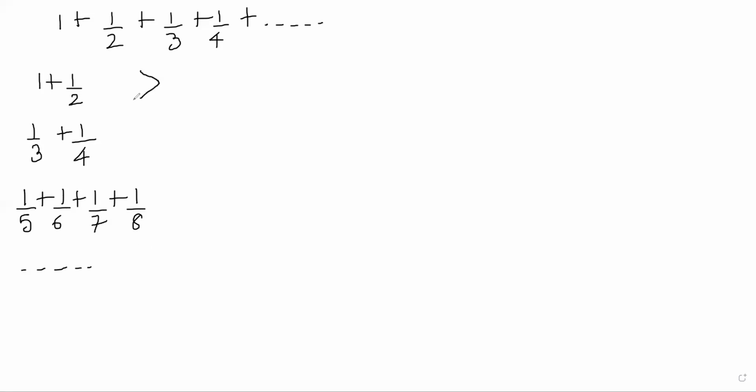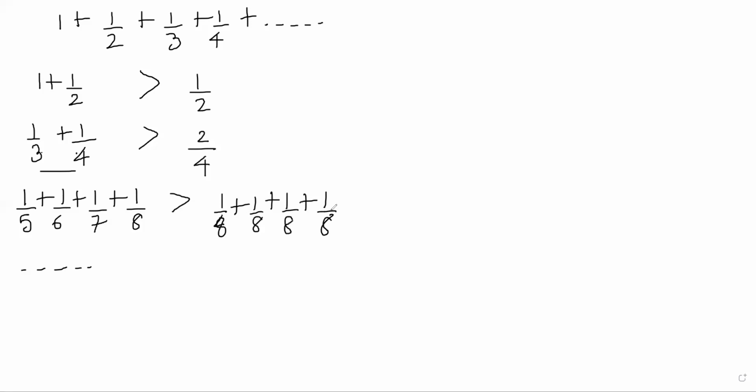So you can say that this is greater than half. This is greater than 1 by 4 plus 1 by 4 or 2 by 4, right? Correct, sir. This will be greater than 1 by 8 plus 1 by 8 plus 1 by 8 plus 1 by 8, which is 4 by 8, right?